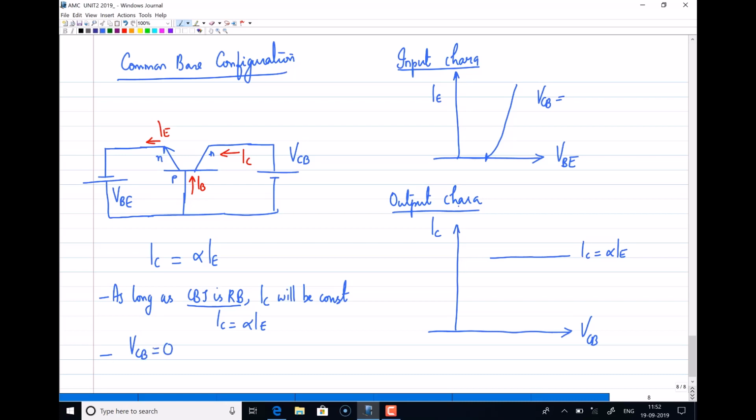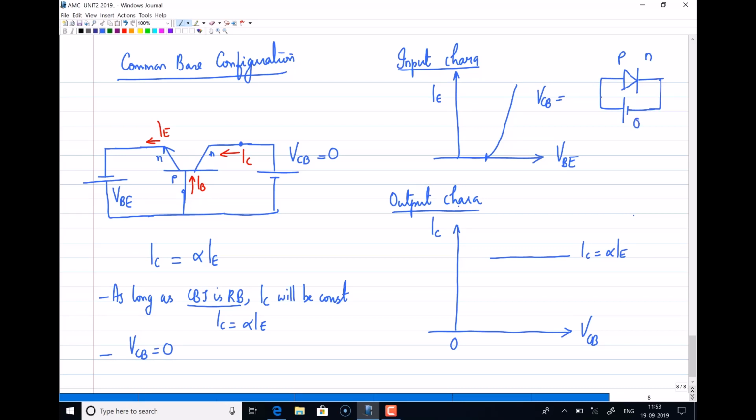Maybe I'll consider, see, when VCB equal to 0, so this VCB is reduced, so this is the 0 point. So when your collector base junction voltage is reduced, this is your collector, this is your base, this voltage keeps on reducing. Now say if your VCB is equal to 0, will the junction be forward biased?